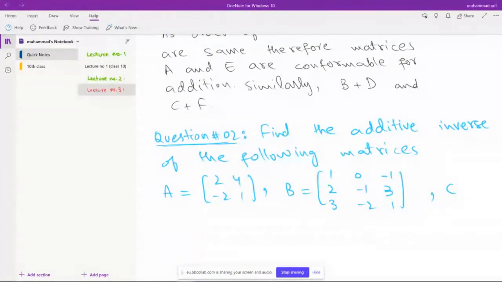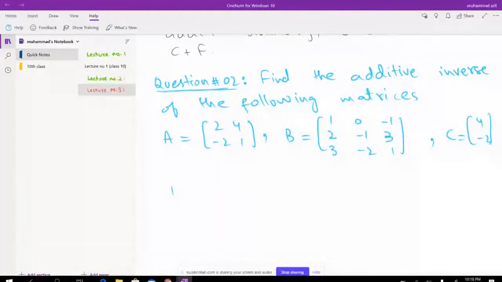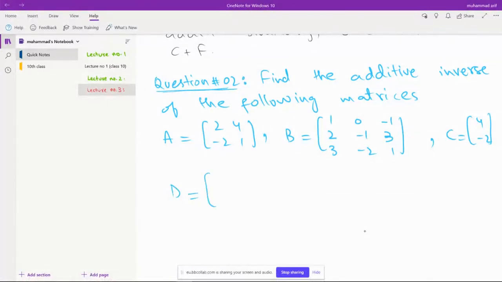The third matrix is 4, negative 2. Similarly, the fourth matrix is 1, 0, negative 3, negative 2, 2, 1. E matrix is 1, 0, 0, 1. F matrix is square root 3, 1, negative 1, square root 2.